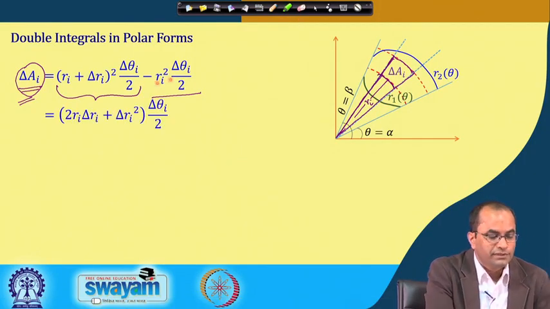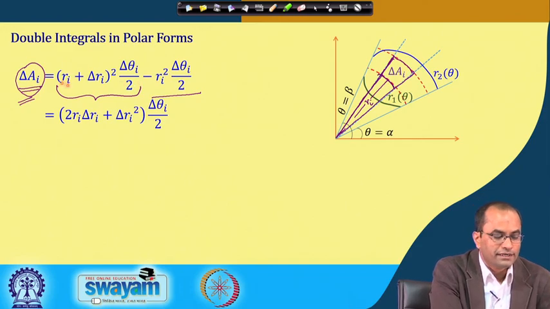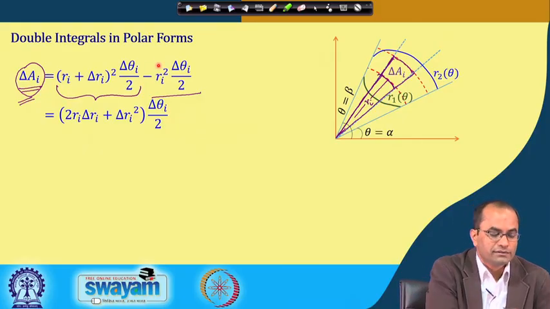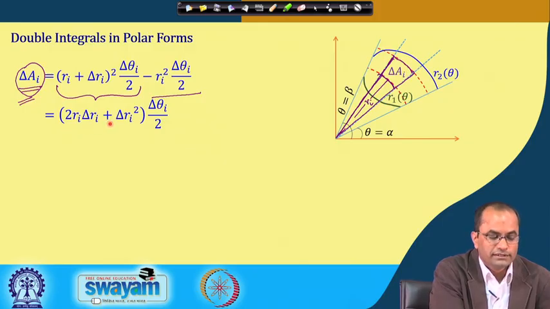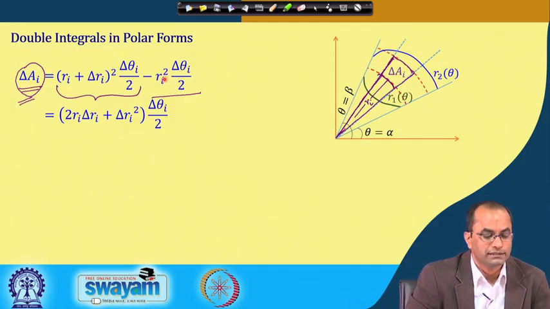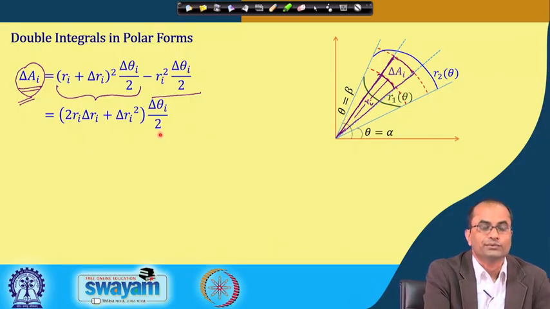Now, we can simplify this easily, because this will be r_i squared and delta r_i squared plus 2 times r_i delta r_i, where here again we have this r_i squared. So, that will be cancelled out and we will get 2 r_i delta r_i plus delta r_i squared, and then the common factor from both the terms is delta theta_i by 2.